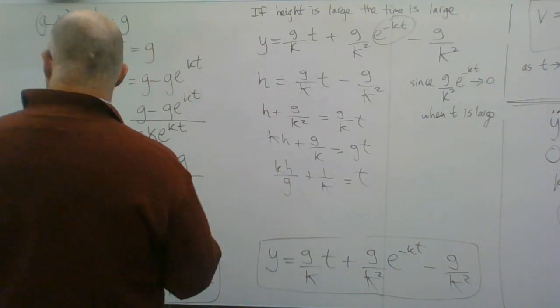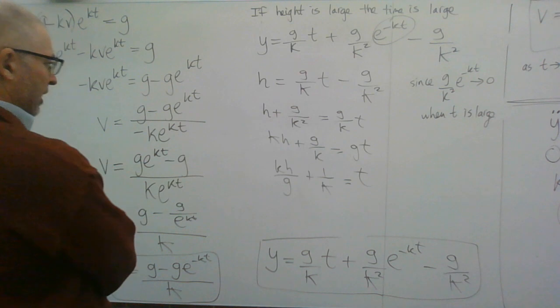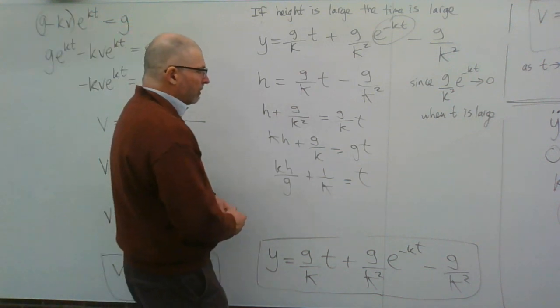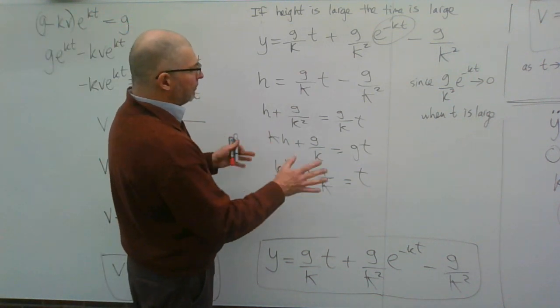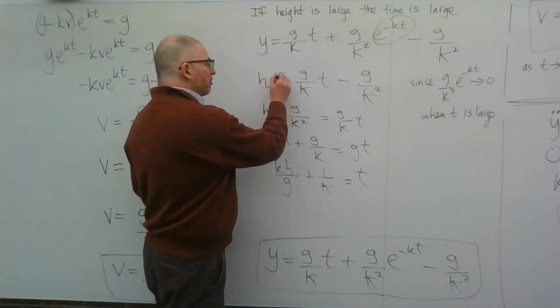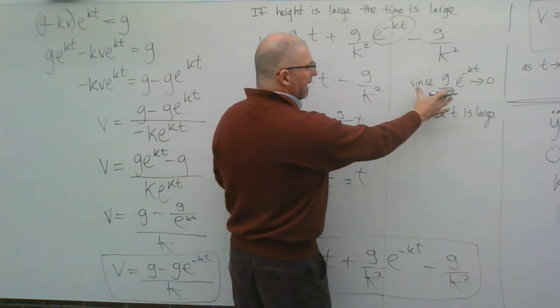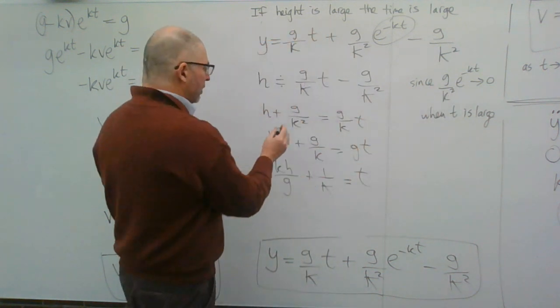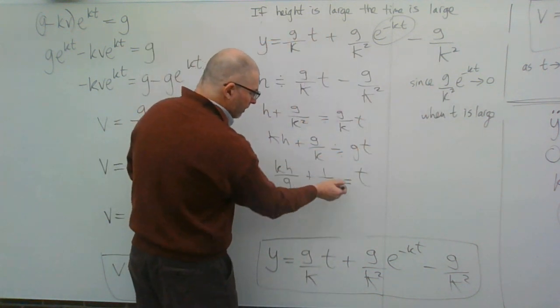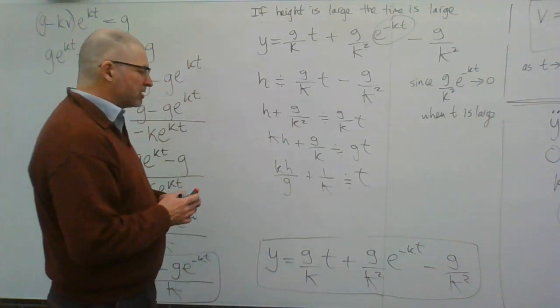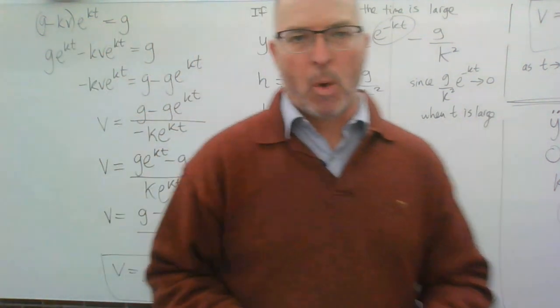And they were wanting us to show that it was kh on g plus 1 on k. So if h is large, then t is approximately equal to this, because I did take out a term which isn't quite 0. So the time is approximately kh on g plus 1 on k.